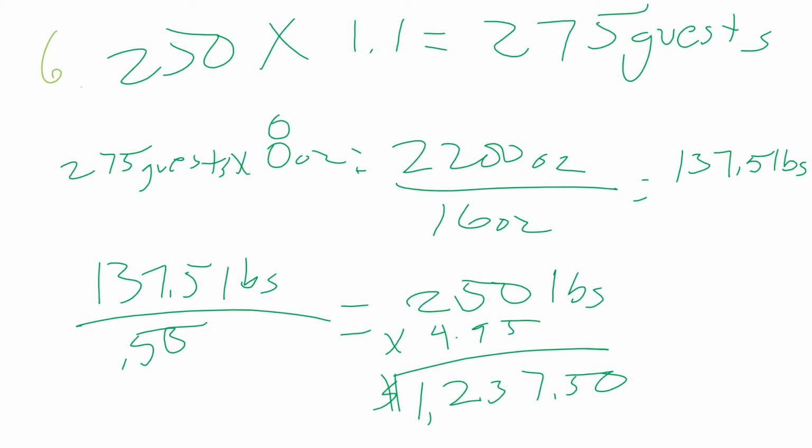Yeah, you could. Or like I said, you can build that into the cost of what you actually sell the brisket for. Okay. And so if we took that $1,237.50, what am I doing?